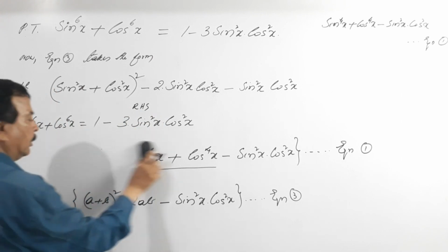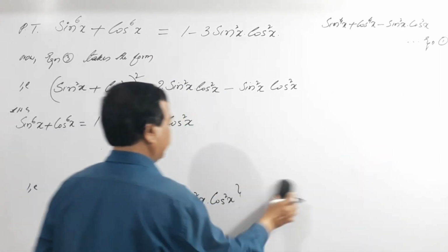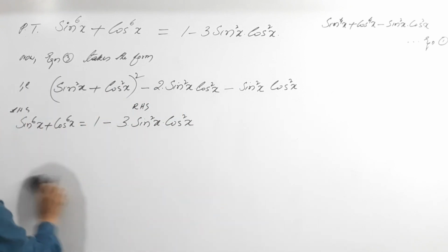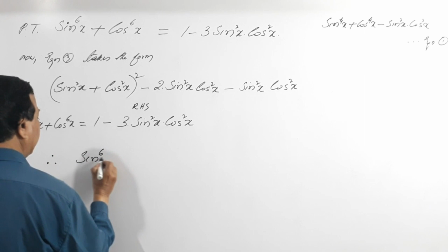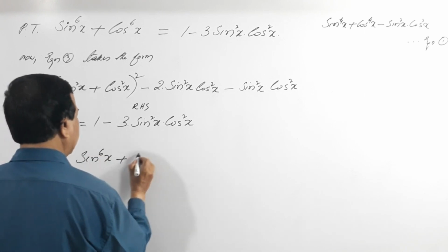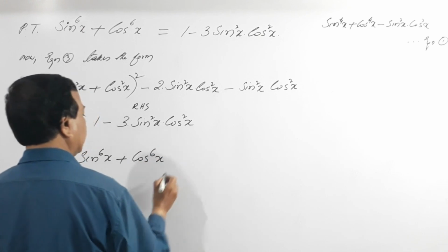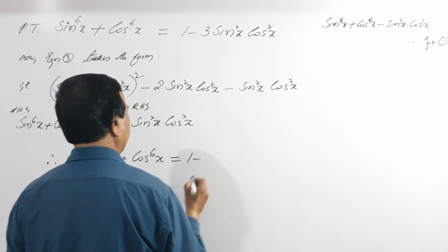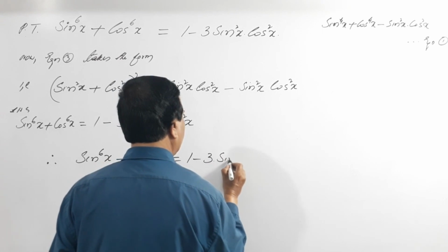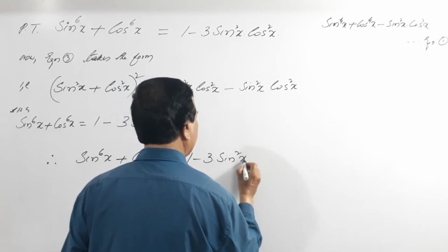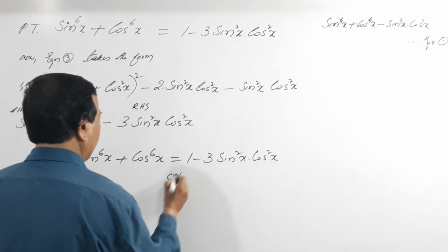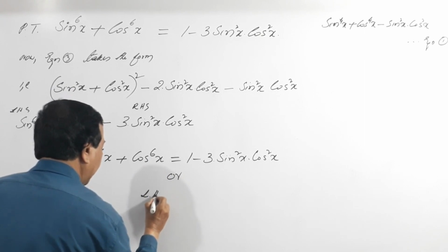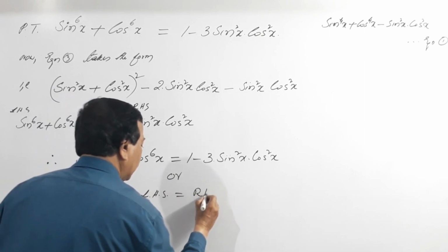So इसे मिटा दूं, therefore you can write sin to the power of 6x plus cos to the power of 6x equals to 1 minus 3 into sin square x into cos square x, or you can also write LHS equals to RHS.